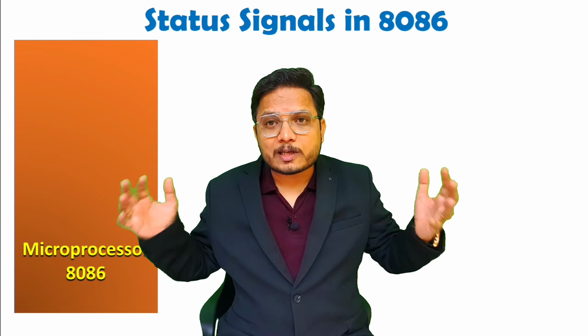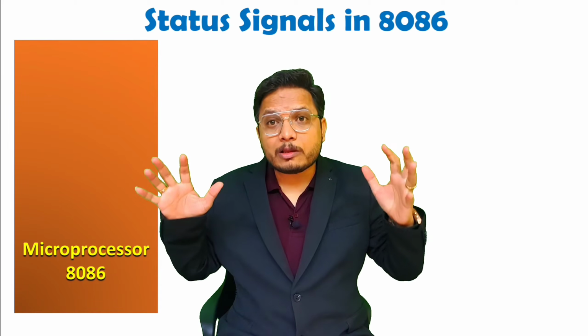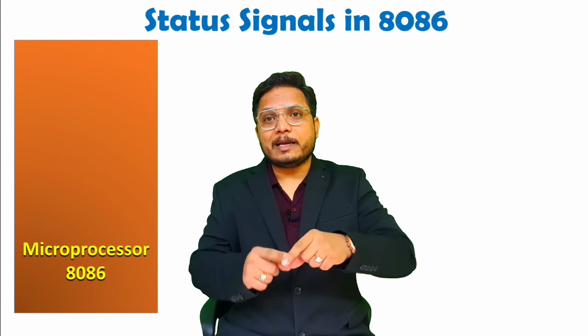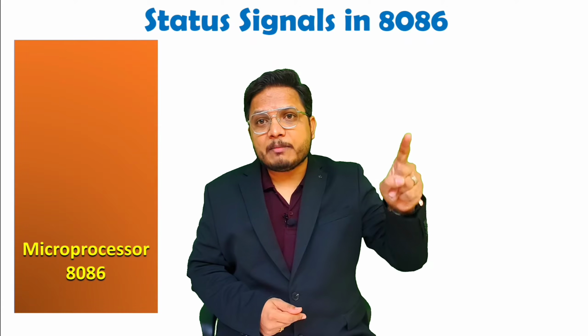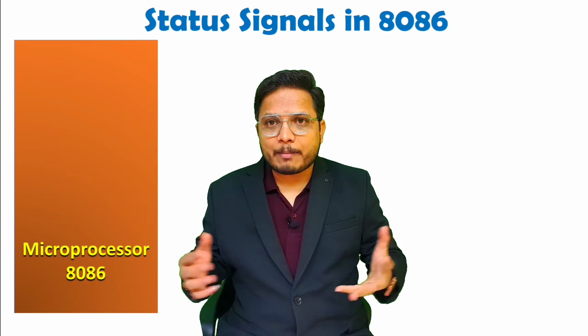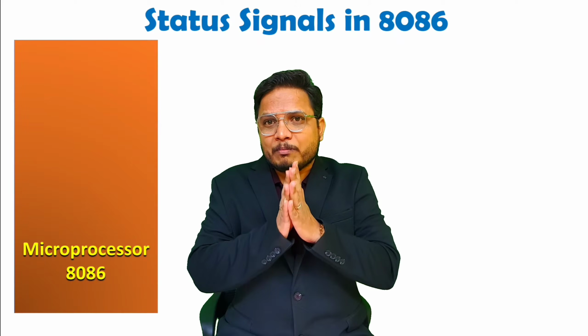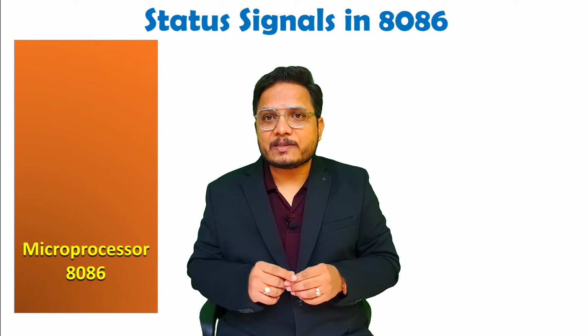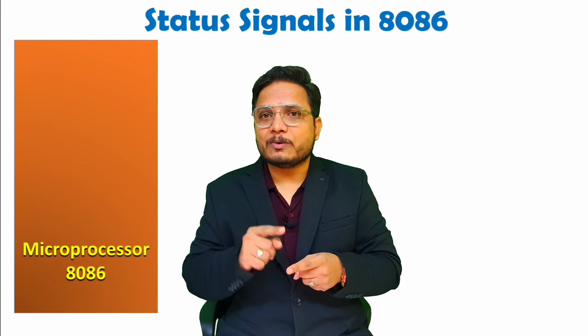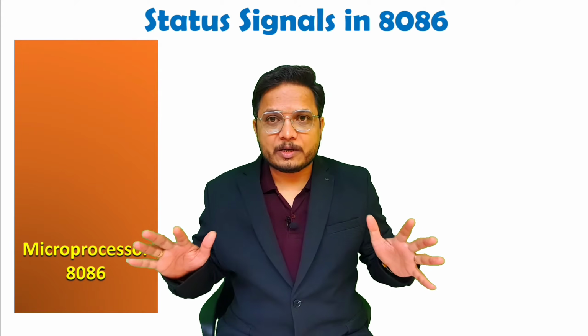So how many control signals will there be? And all these control signals are connected with the same memory and the same input output devices. What will happen? It will not provide proper interfacing, and I can guarantee you that it will collapse.